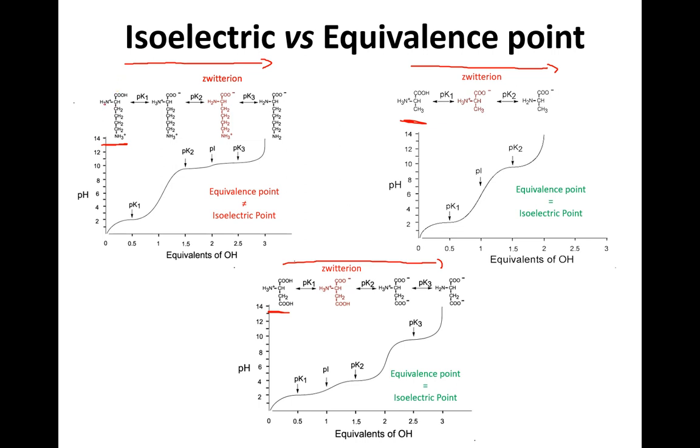In this case, this will be lysine completely protonated, with the carboxyl group and amino group here protonated. If you count the total charge, you see that this has 2 positive charges. Then once you start deprotonating, you will lose 1 proton at a time, and therefore this will become first +1. This form here will become neutral, so that's where the isoelectric point is, and then it will become negatively charged.